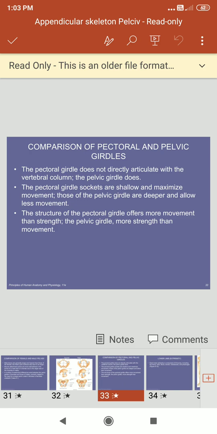The pectoral girdle sockets are shallow and maximize movement. Those of the pelvic girdle are deeper and allow less movement. The structure of the pectoral girdle offers more movement than strength. The pelvic girdle offers more strength than movement.